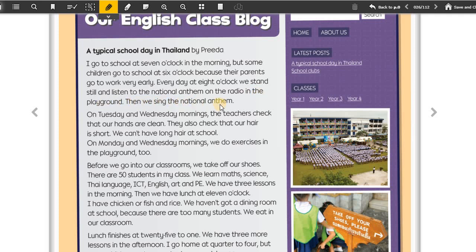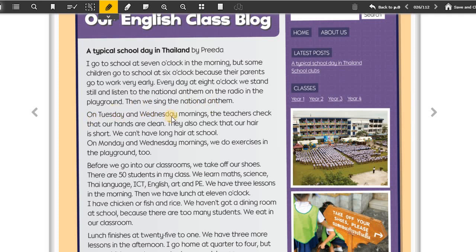Then we sing the national anthem. In Turkish schools, we don't sing the national anthem every day. We only sing it on Mondays and on Fridays. Perfect. National anthem means the anthem that every nation has, which is İstiklal Marşı in Turkey, right?